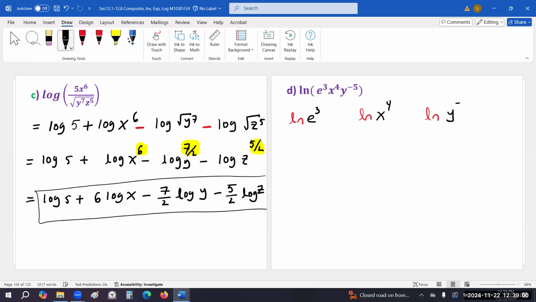And since they all are multiplying, between them we are going to have a plus sign. In other words, basically, you can think of it as we are distributing the log. When you distribute, you don't use a multiplication sign between them. Use an addition sign for multiplication and subtraction for quotient.